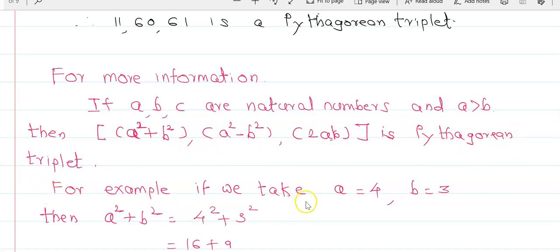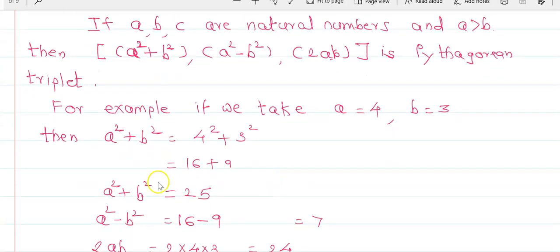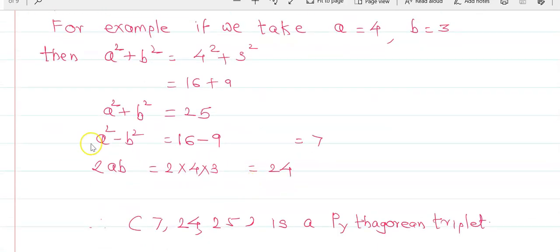For example, if we take A is equal to 4, B is equal to 3, then A square plus B square, that is 4 square plus 3 square, 16 plus 9, is equal to 25. A square minus B square, 16 minus 9, is equal to 7. 2AB, 2 into 4 into 3, is equal to 24. Therefore, 7, 24, 25 is a Pythagorean triplet.